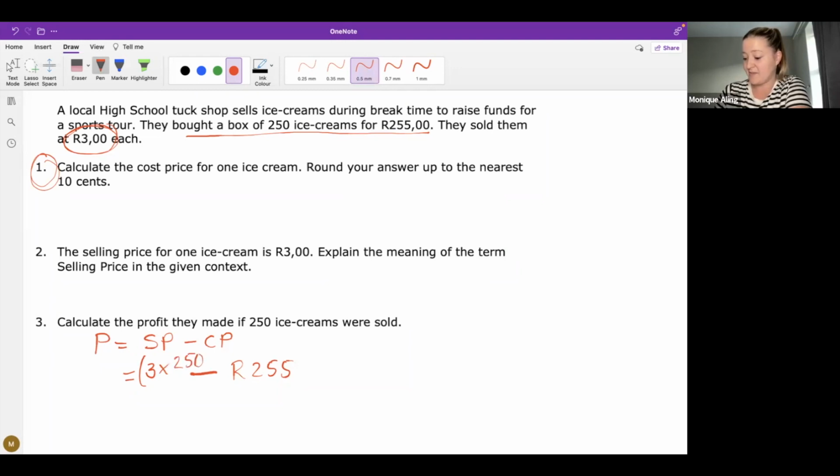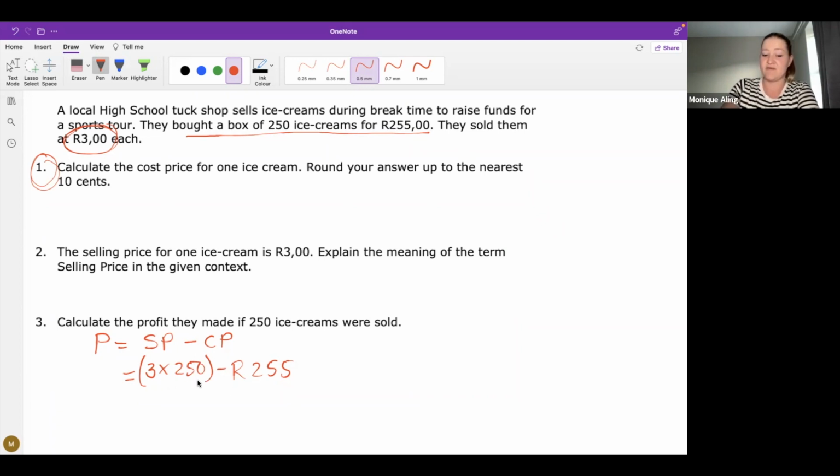Sorry, I didn't save enough space there. Okay. So 3 times the 250 ice creams minus the cost price of the 250 ice creams.